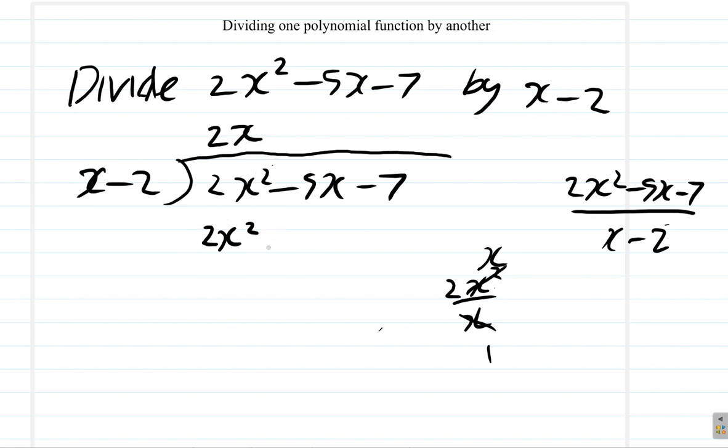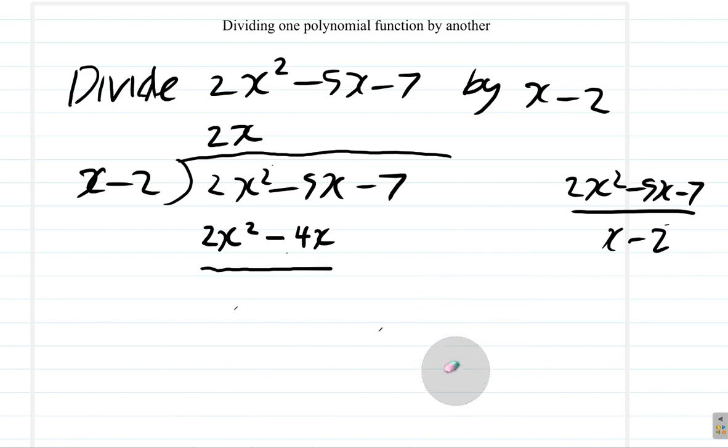Then plus 2x times negative 2 will give you negative 4x. Plus negative 4x is the same as just saying minus 4x. So let's write that, minus 4x. We underline these and subtract.